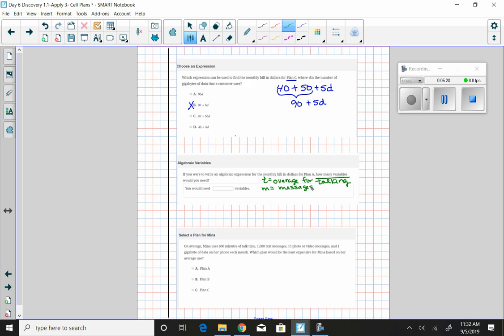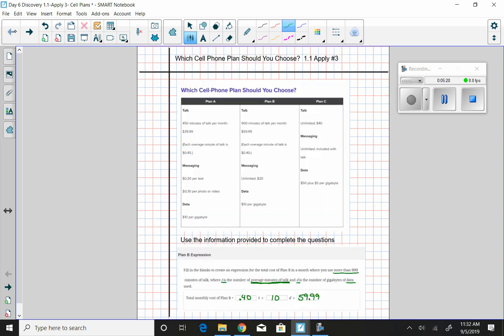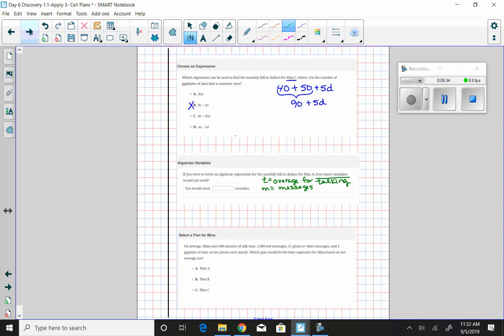And then there's one for video and for photo. Let me go back. Let's look. There's one for photo or video. We've got to do that as well. So we'll do V for video/photo.